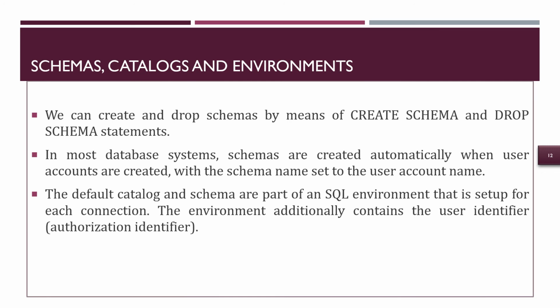In most database systems, schemas are created automatically when user accounts are created, with the schema name set to the user account name. The default catalog and schema are part of an SQL environment that is set up for each connection. This environment additionally contains the user identifier, which can also be called the authorization identifier.